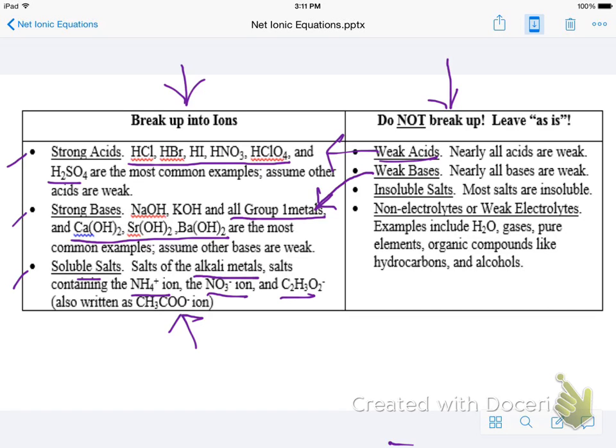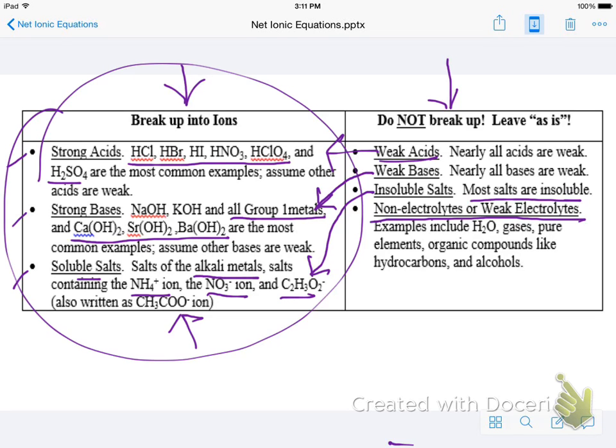If we have an insoluble salt, now most salts are insoluble, and for the sake of the AP exam we're going to assume that if it does not contain one of these ions, it is insoluble and forms a precipitate. Everything else is considered a non-electrolyte or a weak electrolyte. These are what make strong electrolytes. That includes anything that is a molecular compound, a gas, a pure element, or any organic compound.